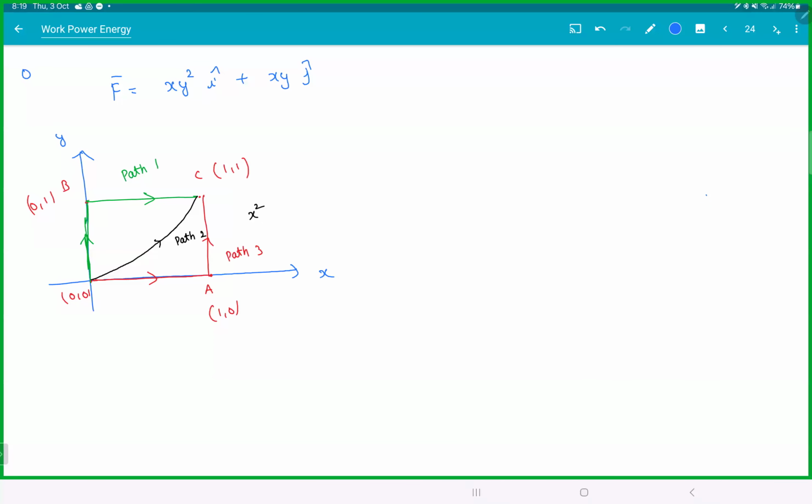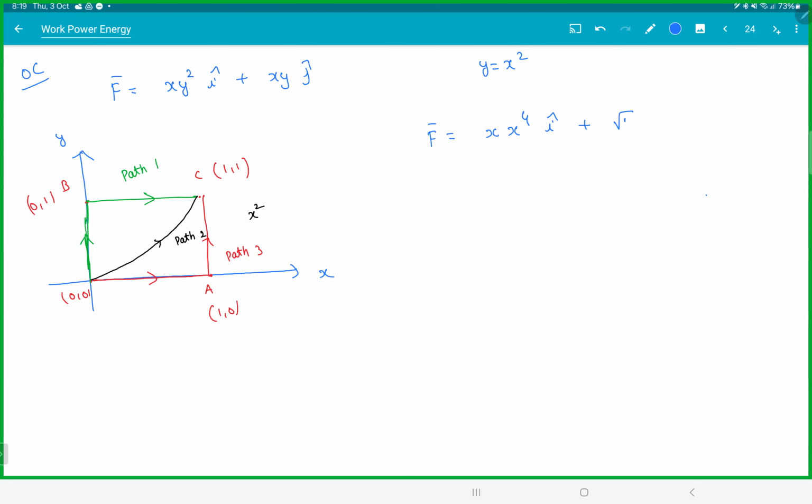So we are going from O to C directly. So force would be, y is equal to x square. You can convert everything into x or y. I will convert into x. X into y square will be x power 4 i cap plus, I can convert that also into y.